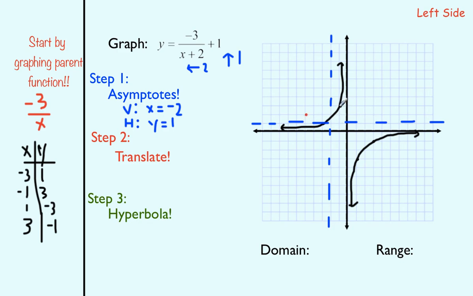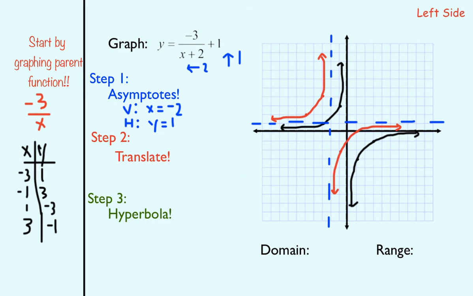This point I'm going to translate left 2, up 1. And now I have this hyperbola, so there's step 3, hyperbola. This guy I move left 2, up 1, and I draw in the hyperbola. And I don't cross the asymptote, so it should be right there. That graph in red is our final graph.